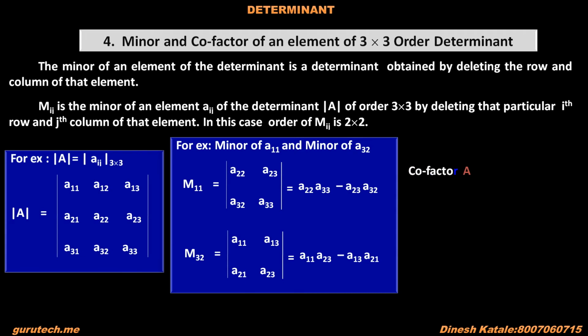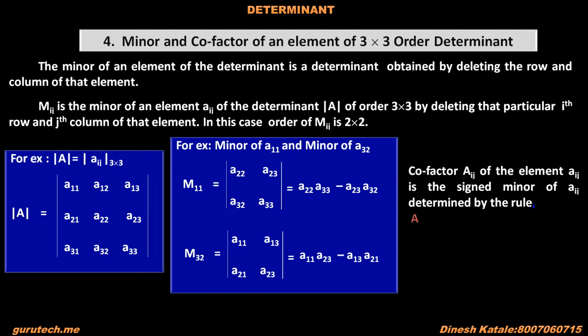Now we have to learn cofactor of the element. Cofactor of the element Aij is denoted by the symbol capital Aij, and this cofactor is the signed minor of element Aij, and is determined by the rule: capital Aij is equal to minus 1 raised to i plus j into minor Mij.